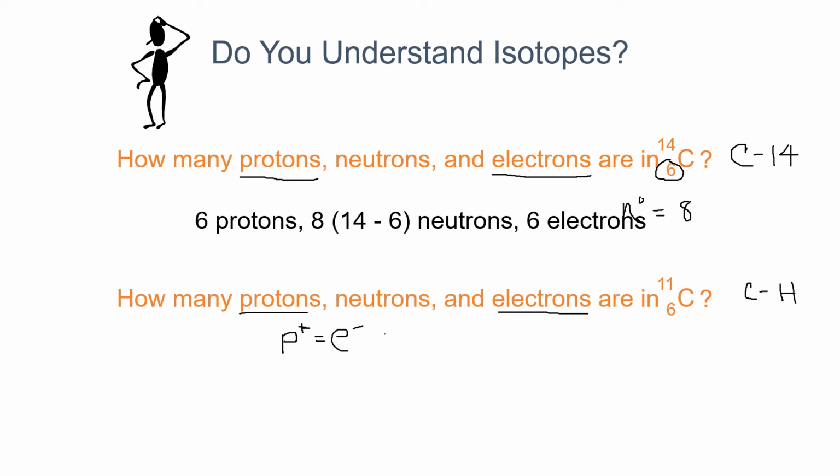And there are then 6 protons and 6 electrons. And the number of neutrons, again, will be determined by subtracting 6 from 11. So we have 5 neutrons.